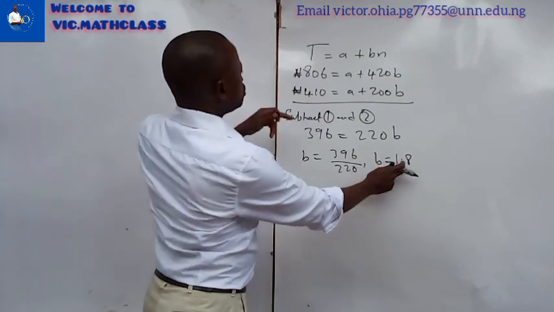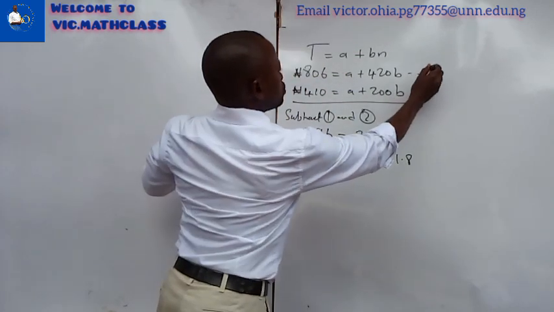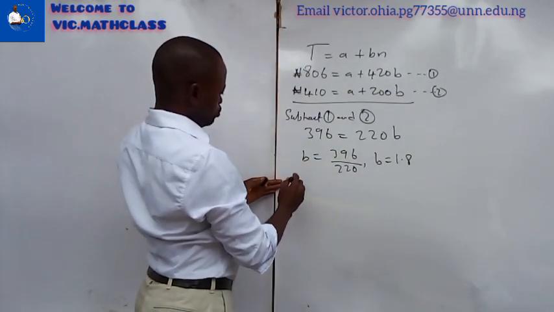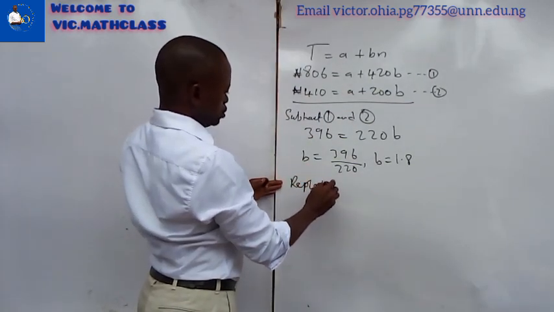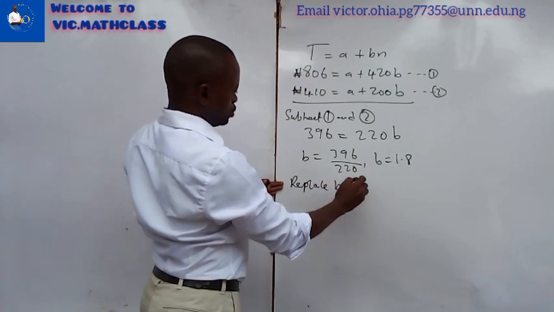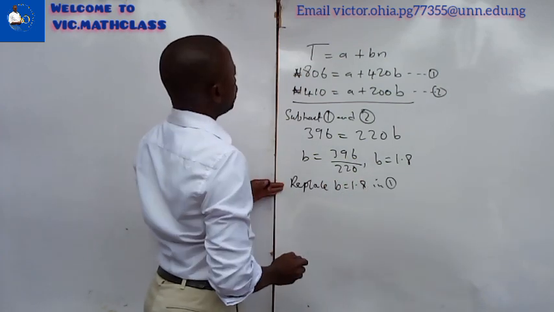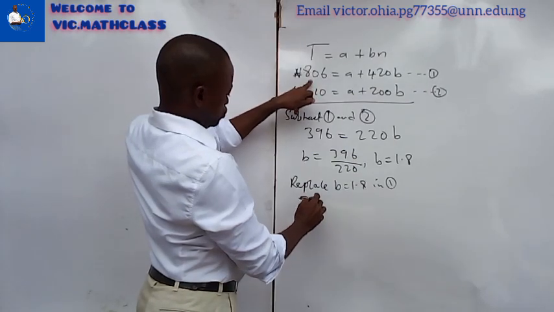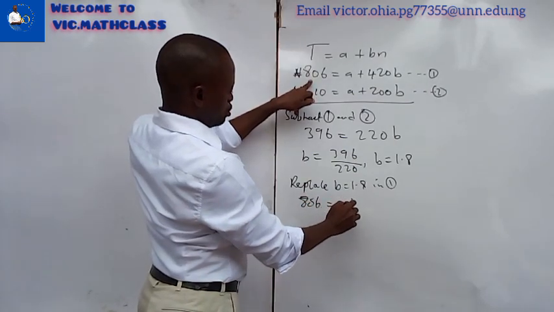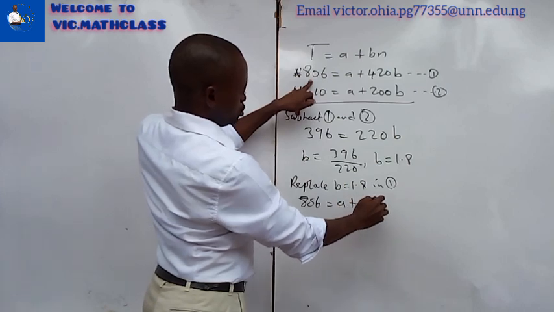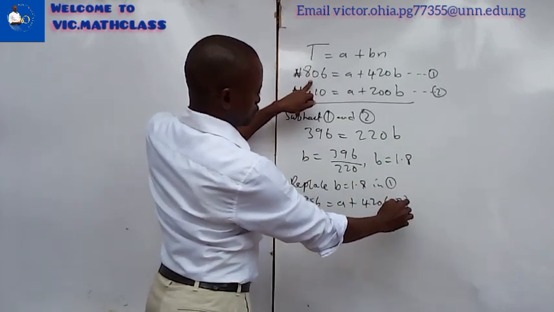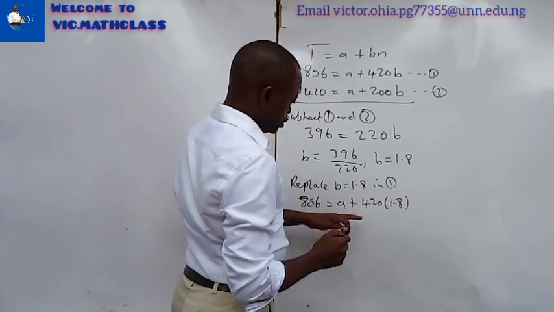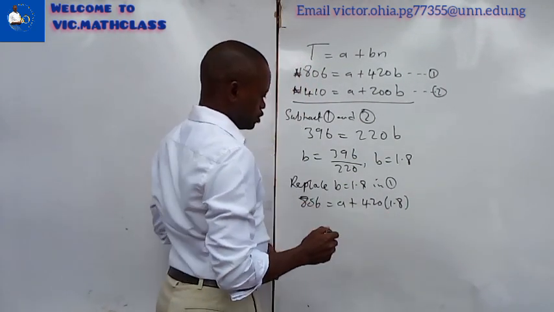I am going to return this to any of these equations, either one or two. So I will replace B equals 1.8 in equation 1. I will have 806 equals A plus 420 times 1.8. 420 times this gave me 756.